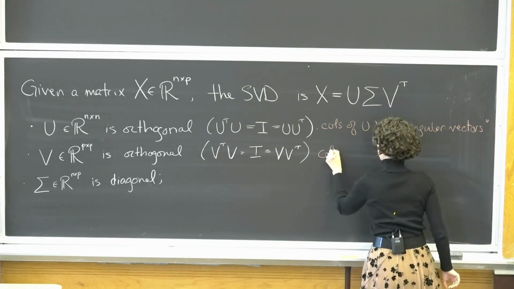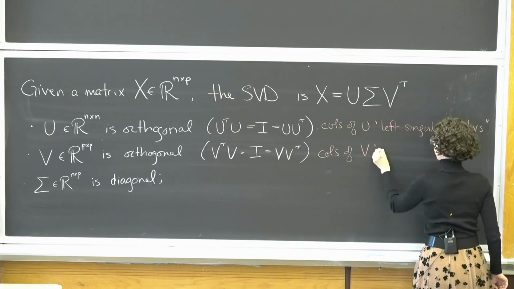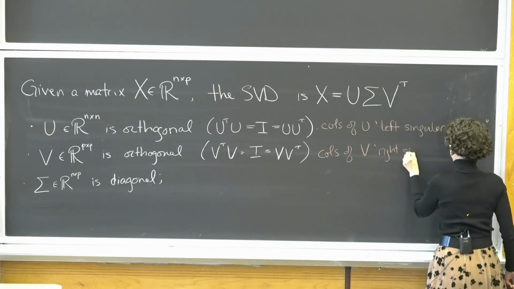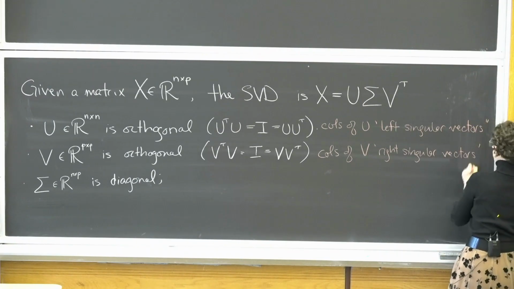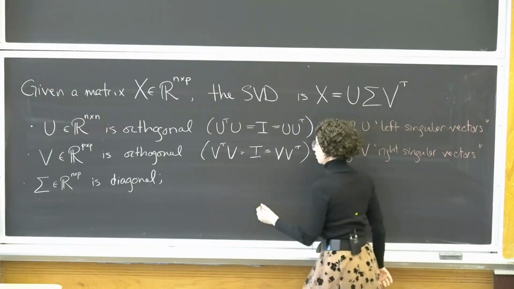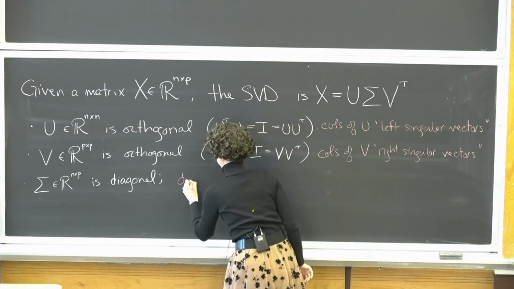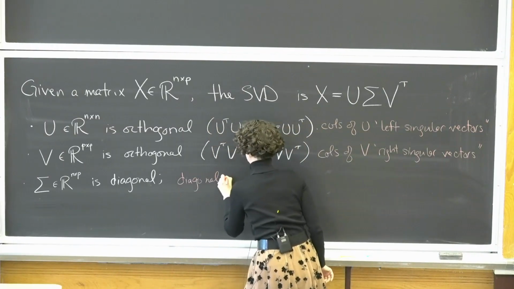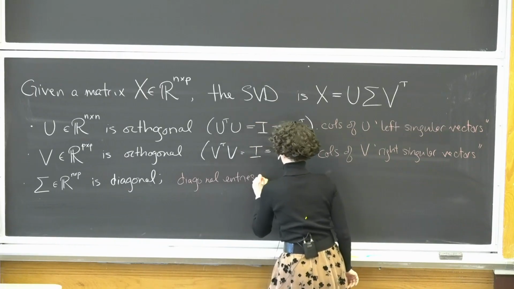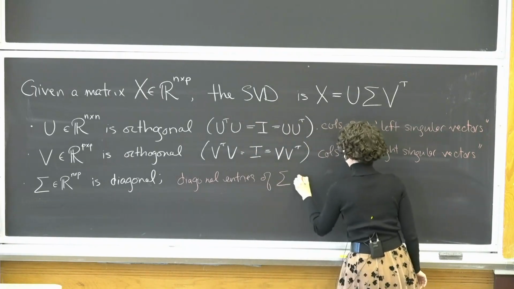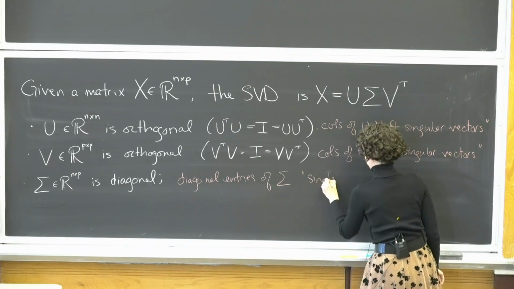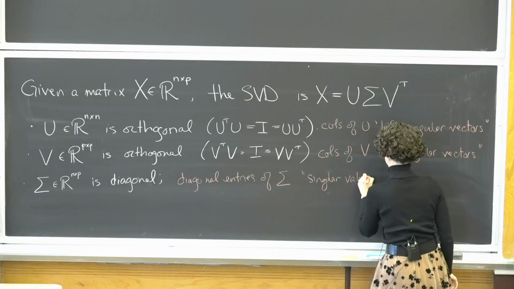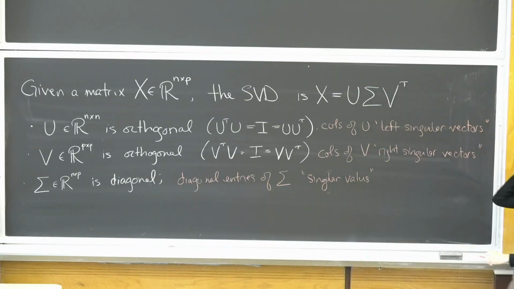The columns of V are called the right singular vectors. And the diagonal entries of sigma are called the singular values. Okay, so just a little bit of vocabulary there.